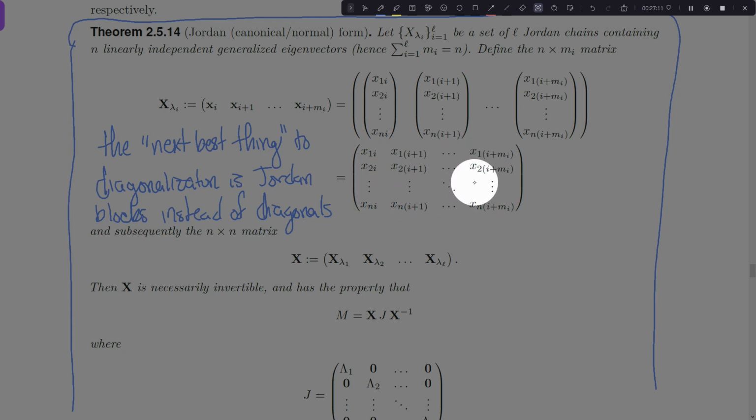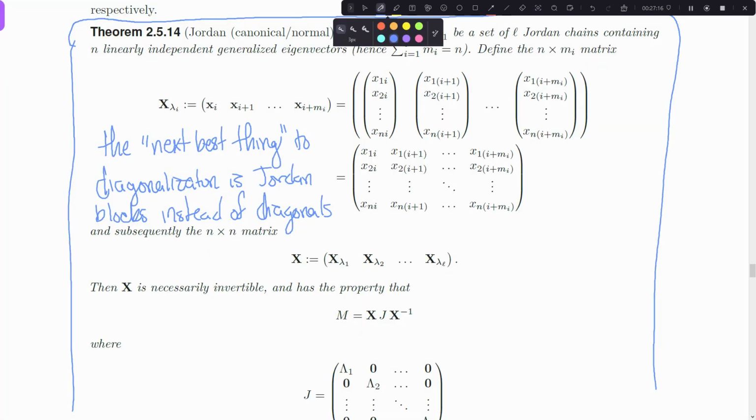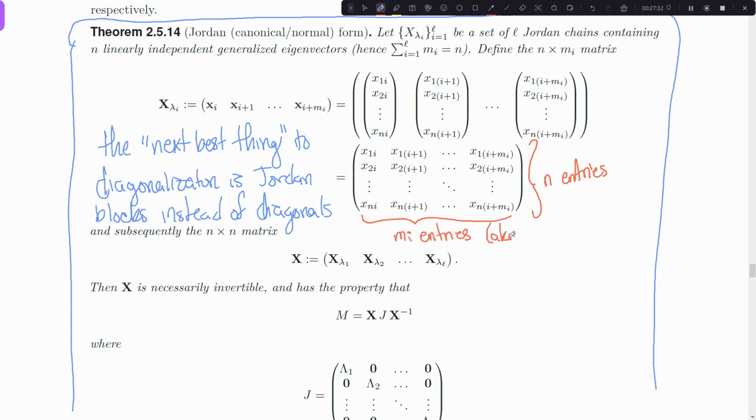It's n tall, but it's only mi wide. Maybe I'll make that clear here. N entries, so that's the full length or full height, but it does not have full width. It has mi entries, aka length of Jordan chain. Okay, so the entries horizontally are only corresponding to the length of a given Jordan chain.